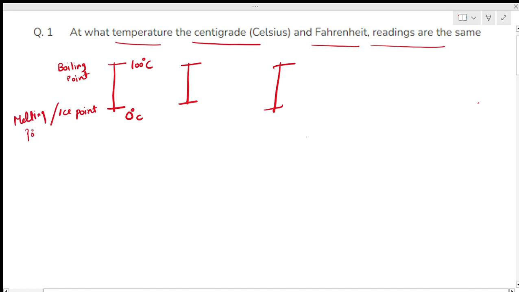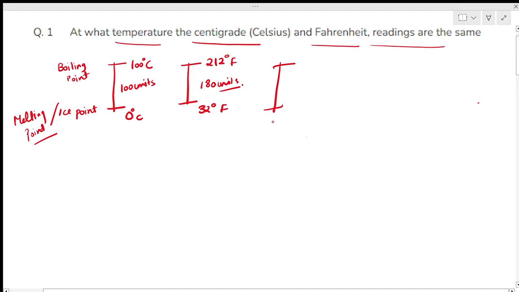Fine. And for the Fahrenheit scale it's 32 degrees and here it is 212 degrees Fahrenheit. Perfect. So if you see, the gap is of 100 units. Here the gap is of 180 units, correct?